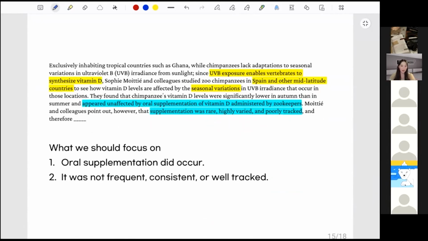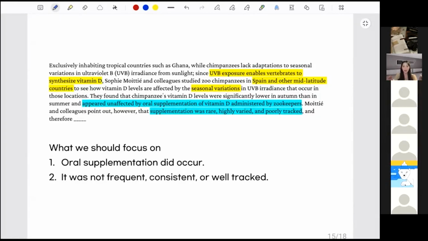For example, in this passage, the yellow highlighted parts are not as important as the blue highlighted parts. Just because they're not as important doesn't mean you don't have to understand them or read them. You do have to read them for background information, but you have to focus more on number one, oral supplementation did occur. Number two, it was not frequent, it was not consistent, and it was not well tracked.